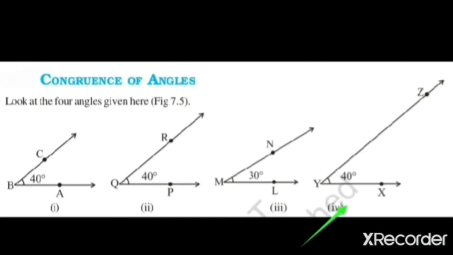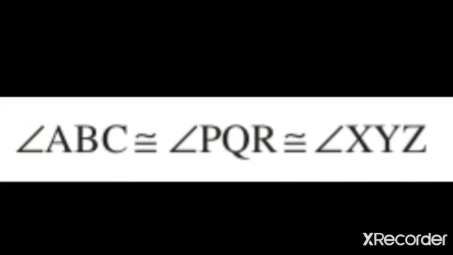Yes, angle XYZ. These three angles have the same measurement. So we can write angle ABC is congruent to angle PQR and PQR is congruent to angle XYZ. These three angles are congruent. In this way we can say that if two angles have the same measure, they are congruent. And also if two angles are congruent, their measures are the same.